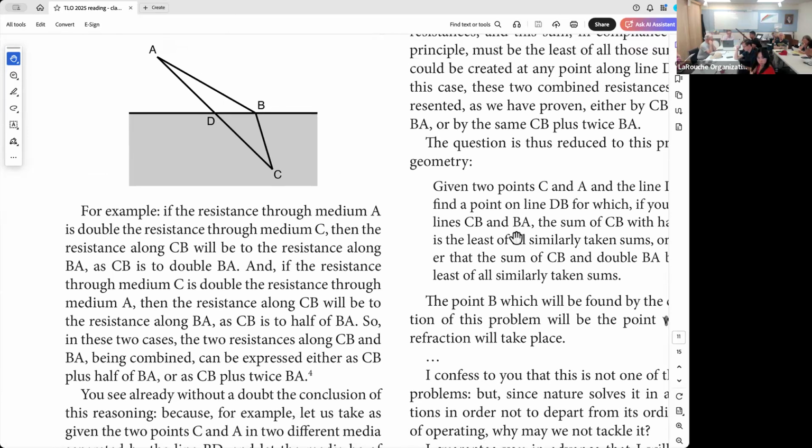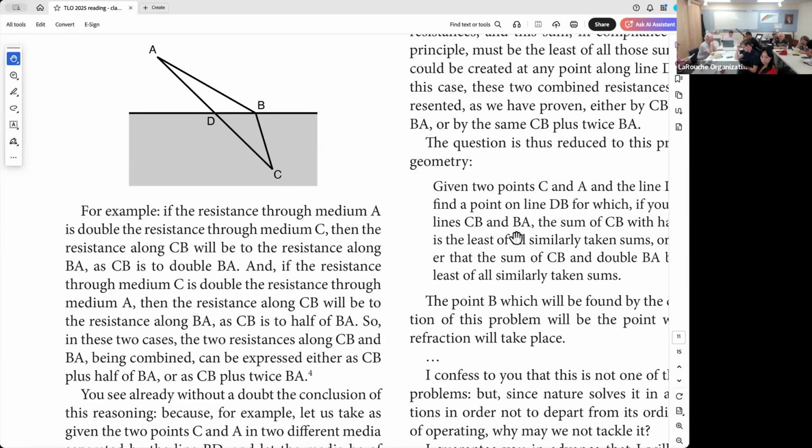So, for example, if resistance through medium A is double resistance through medium C, then the resistance along CB will be to the resistance along BA, as CB is to double BA.